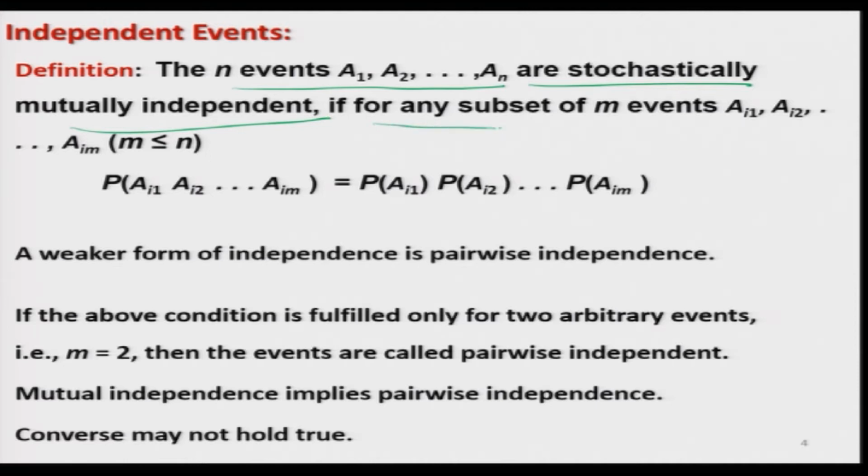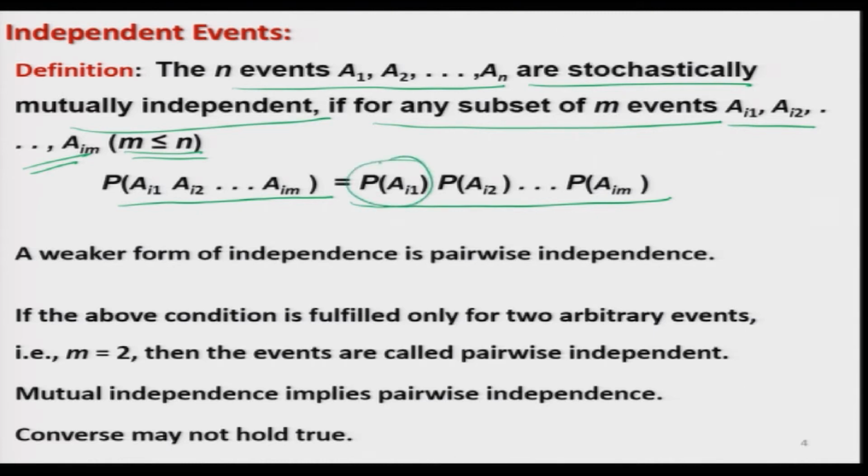If for any subset of m events, where m is less than or equal to n, say Ai1, Ai2, ..., Aim, the probability of Ai1 intersection Ai2 intersection ... Aim can be expressed as the product of the individual probabilities, that is probability of Ai1 times probability of Ai2 and so on, right.